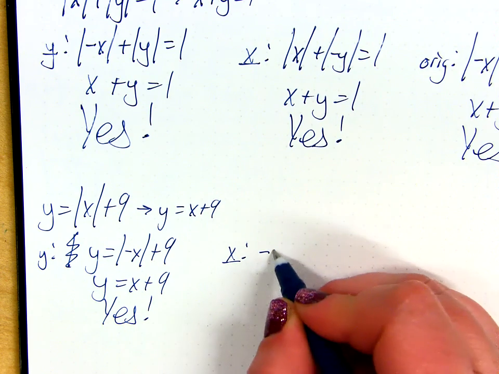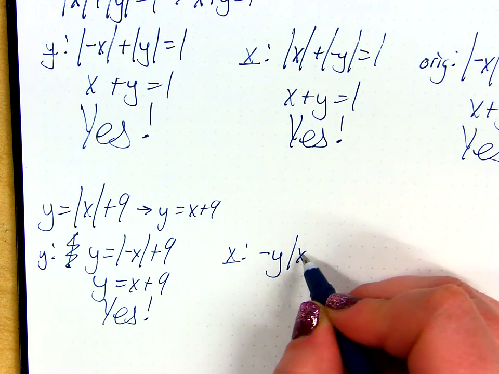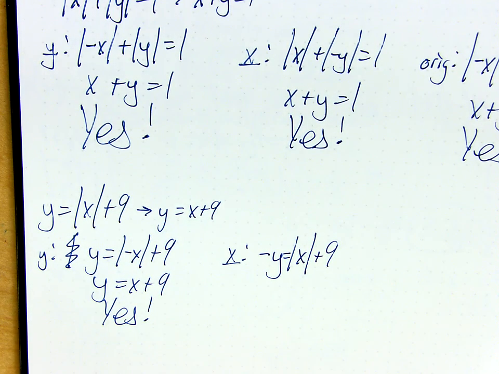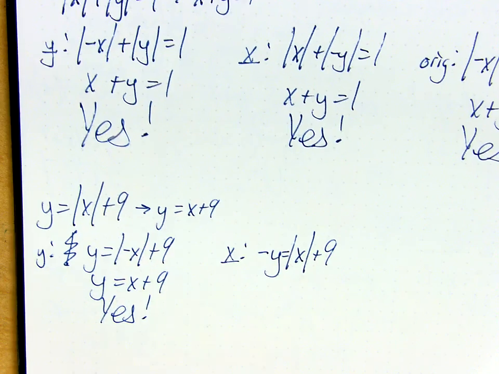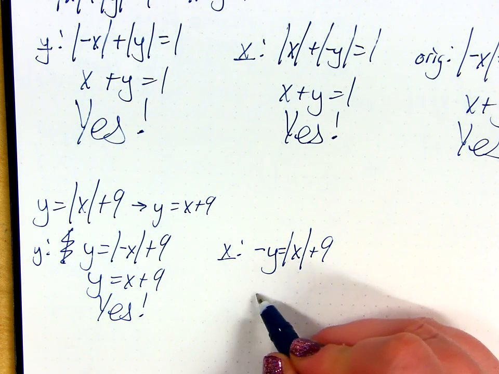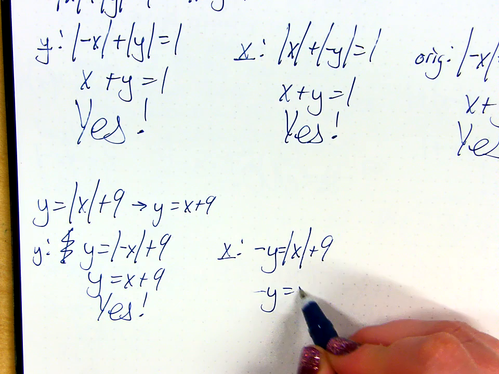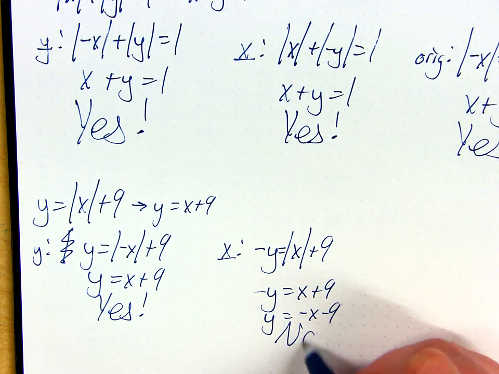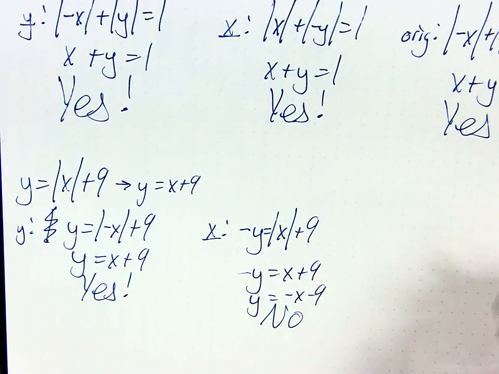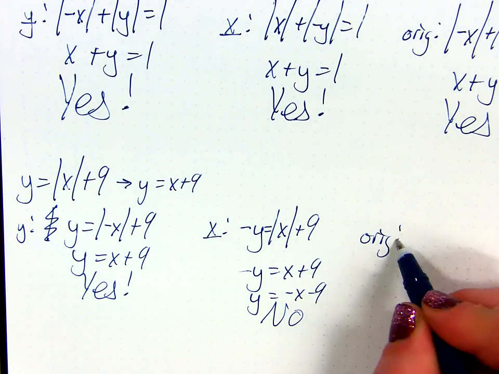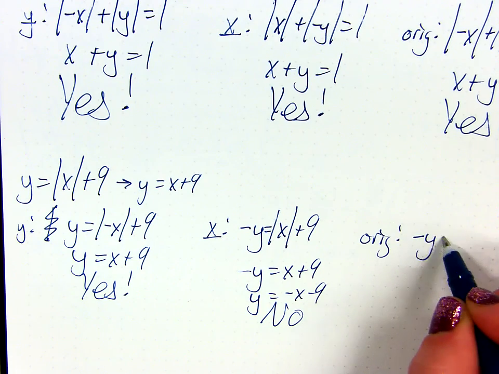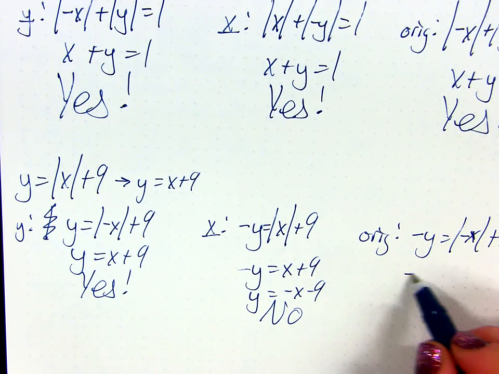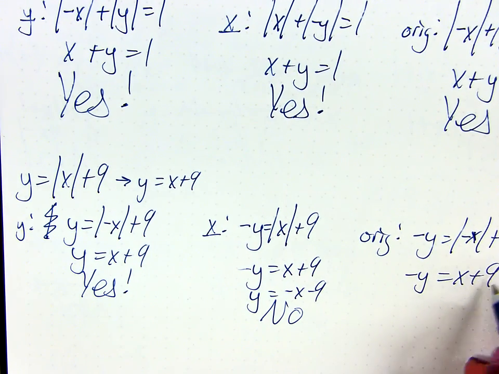Let's try x though. Here I can't get back to that original. Do you agree? Yeah, even if I could divide by that negative 1, but no matter how you slice it, that one's going to be a no. And then the origin. Another no.